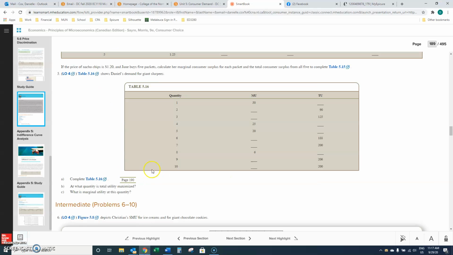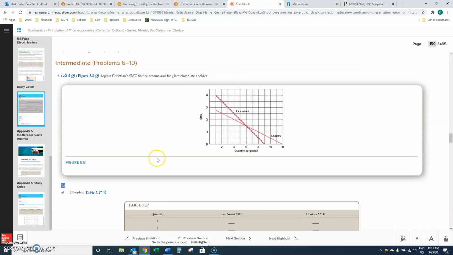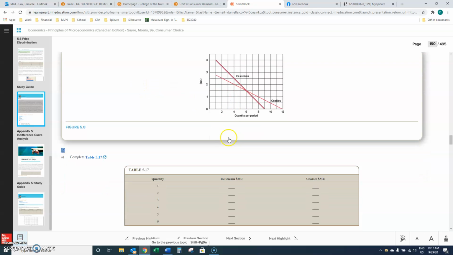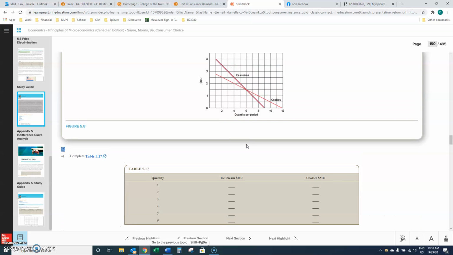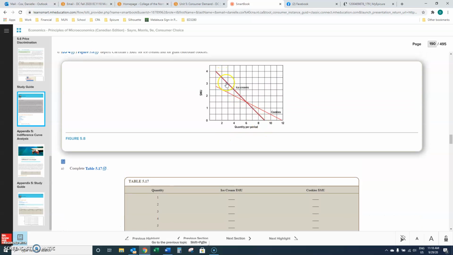Number 6. We're given a chart that shows the dollar marginal utility for ice creams and for cookies. We're asked to complete this table. So from a quantity of 1 to 6, we have to look at ice cream and get the dollar marginal utility. The ice cream line is this one. So at a quantity of 1, which is here, we go up, and the dollar marginal utility is 4.